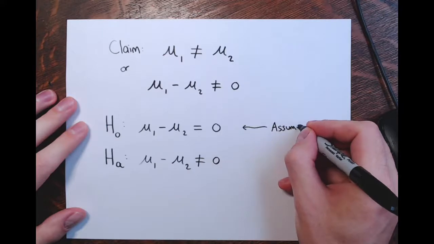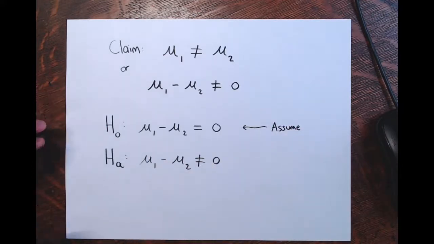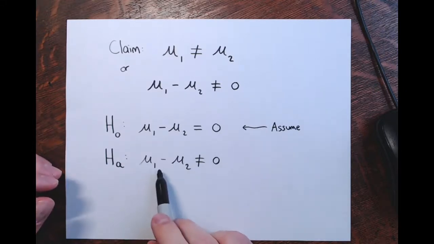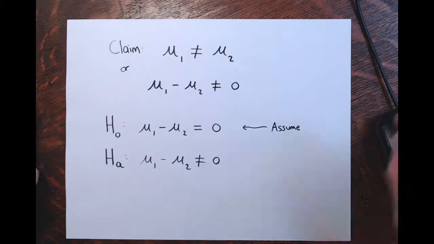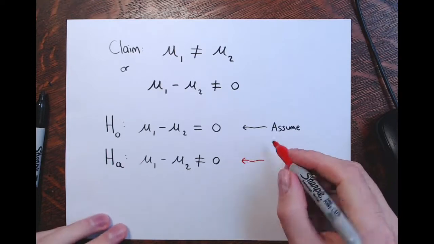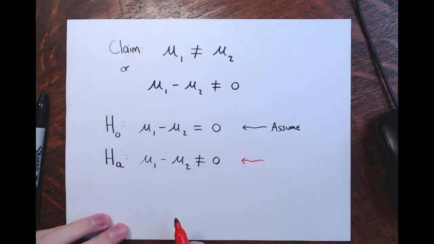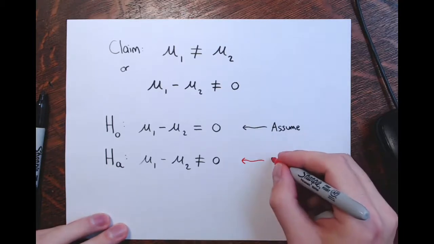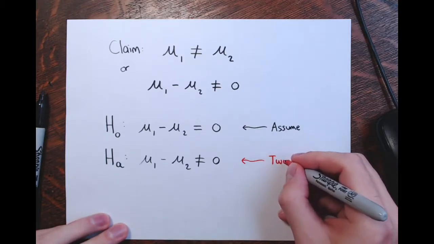You're going to assume that the mean concentrations are equal, that their difference is equal to 0, that they're the same. And then the alternative hypothesis, how that looks, tells you what kind of test you're running, how many tails. If the parameter is not equal to some value, remember that's a two-tailed test.